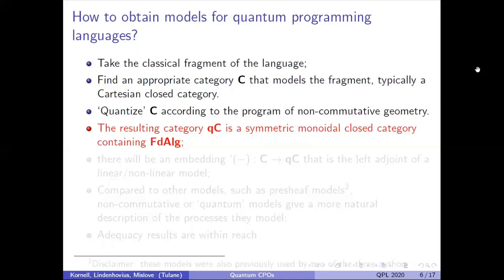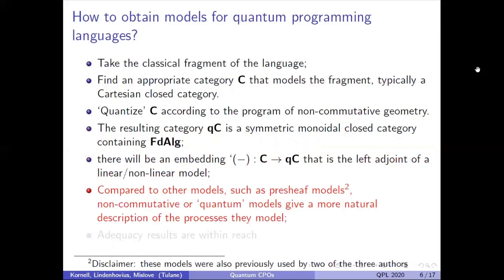The resulting category is a symmetric monoidal closed category. We refer to this category as Q of C, quantum C, and this category typically also contains the finite dimensional algebras as a subcategory. Furthermore, there's an embedding of the original category into the new category, which happens to be the left adjoint of a linear-nonlinear model. And yeah, this is basically how we get our models.